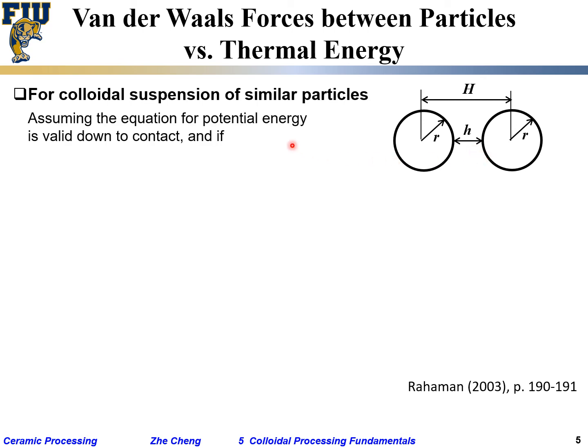And if we assume the equation for potential energy is valid down to contact, and if we say the particles are separated by a small distance, 0.3 nanometer, 3 angstrom, pretty small, which means when the particles get pretty close to each other, separated by a few atoms, when they get very small, generally our particles, if you have to guess, the radius would be higher or comparable to this number.